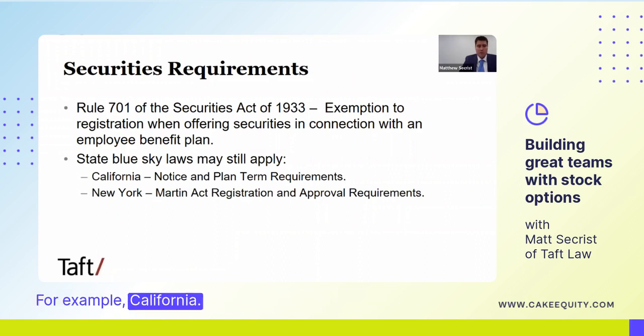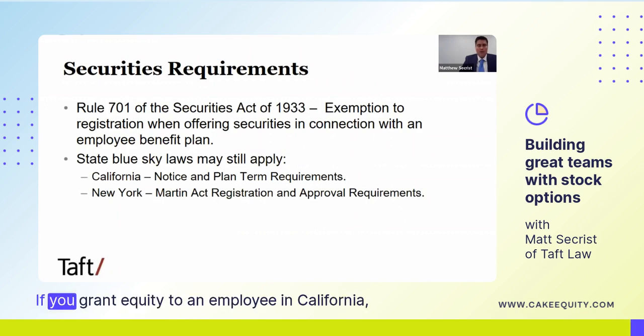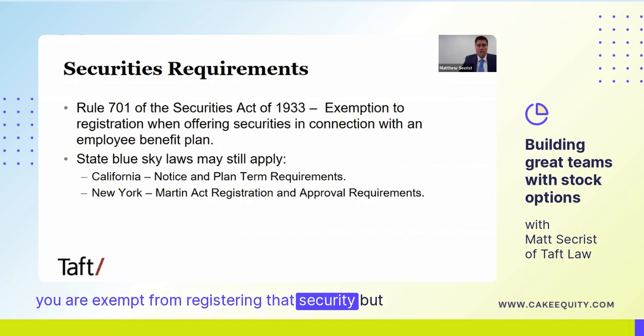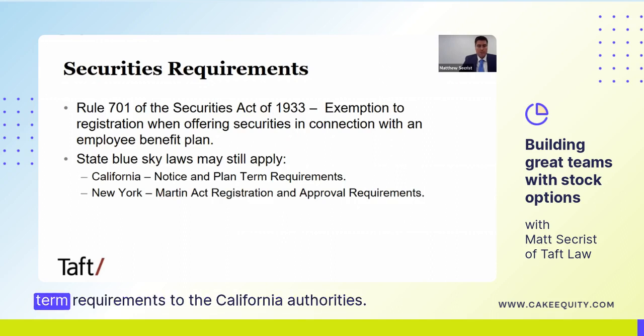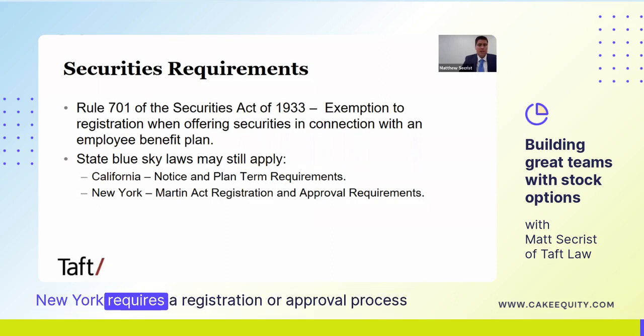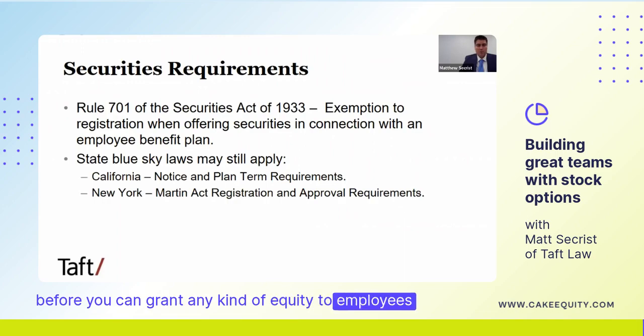For example, in California, if you grant equity to an employee, you are exempt from registering that security, but you have to give notice and meet certain plan term requirements to the California authorities. And the same with New York. New York requires a registration or approval process before you can grant any kind of equity to employees.